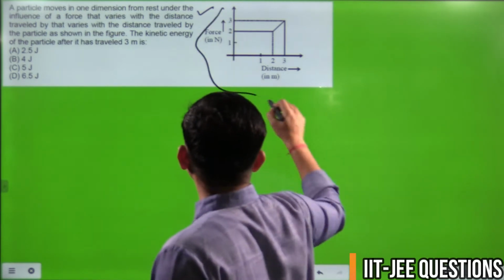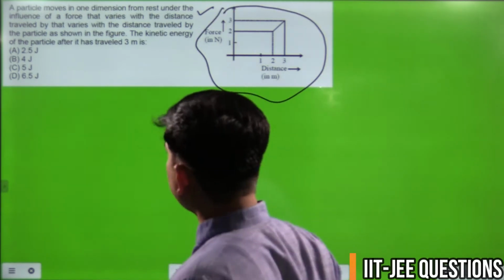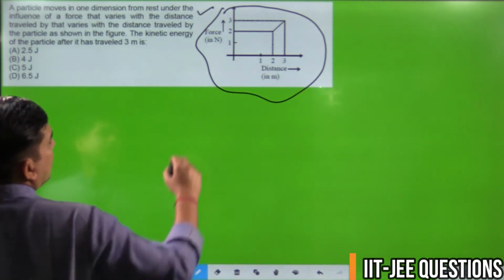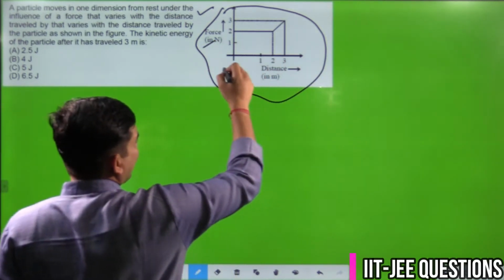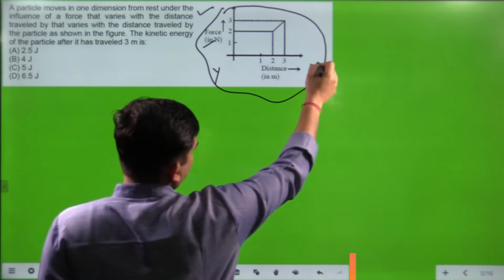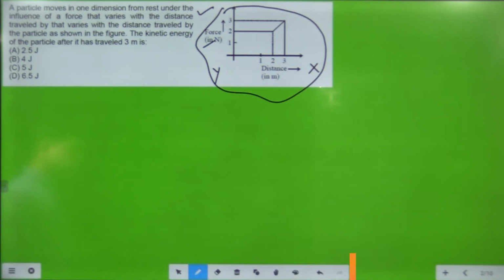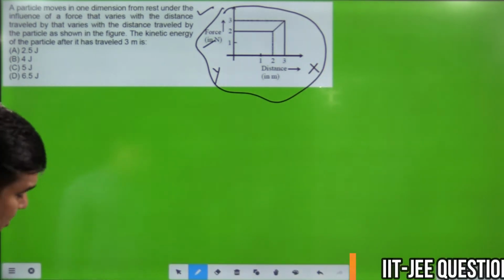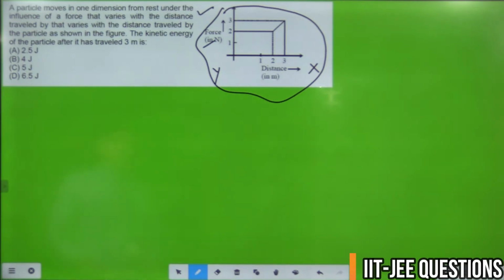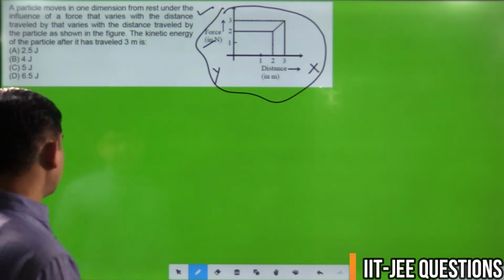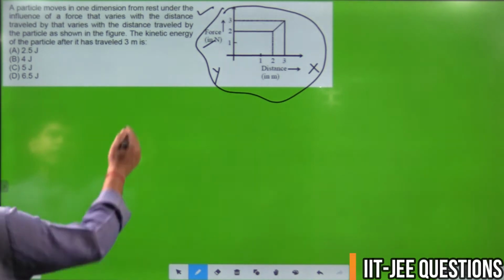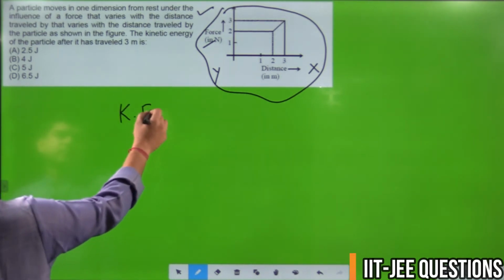Here this graph is given, and in this graph force on y axis and distance on x axis is given. The distance covered by the object with respect to force in graphical form, we have to find the kinetic energy.